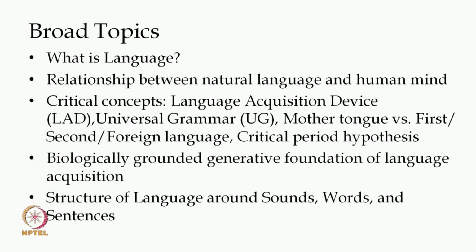All such details will be looked at from the biologically grounded generative foundation of language acquisition, and we will include an understanding of the structure of language around sounds, words and sentences to develop a comprehensive understanding about the relationship between the human mind and language in this course.